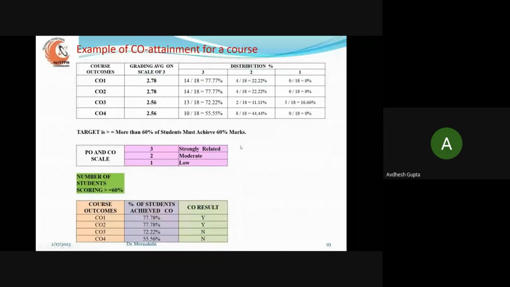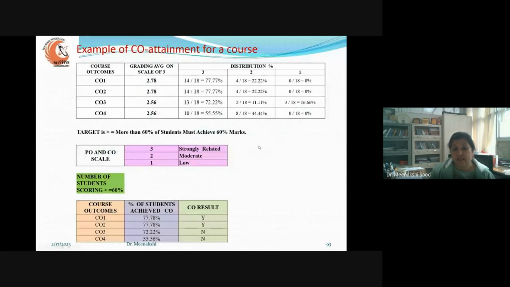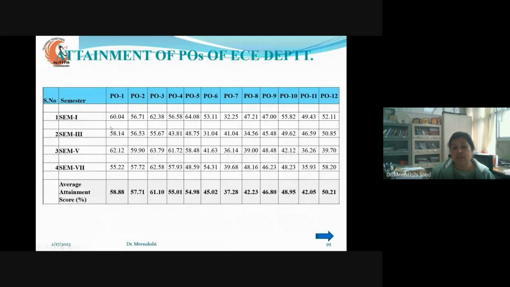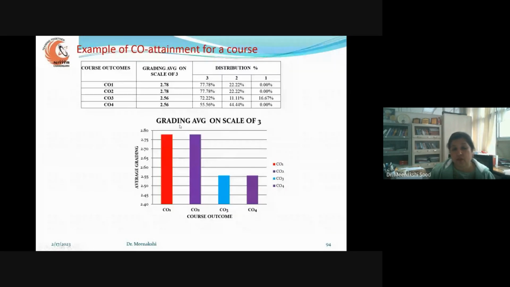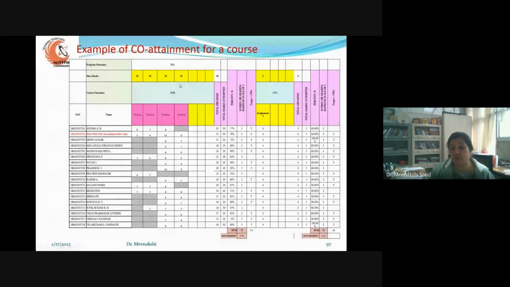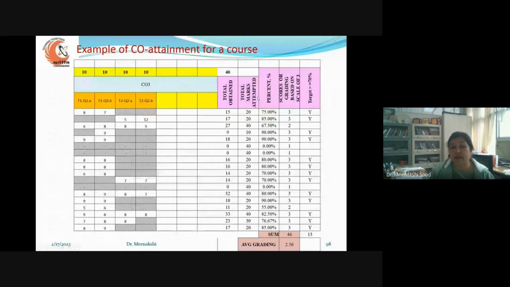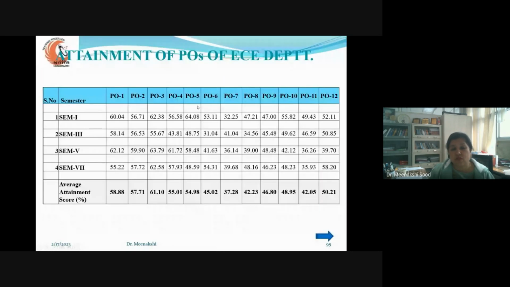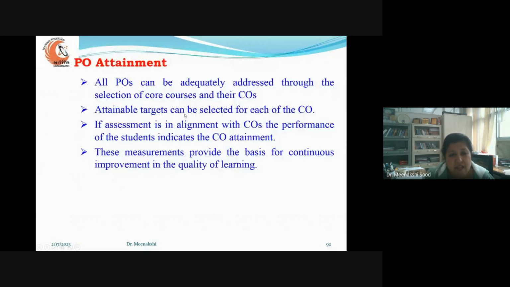So once this is done for the entire course, and when it is done for all courses, then for POs it should be done, because the PO mapping also comes along here. Then a proper CO-PO mapping should also be seen. So I think I missed that slide.